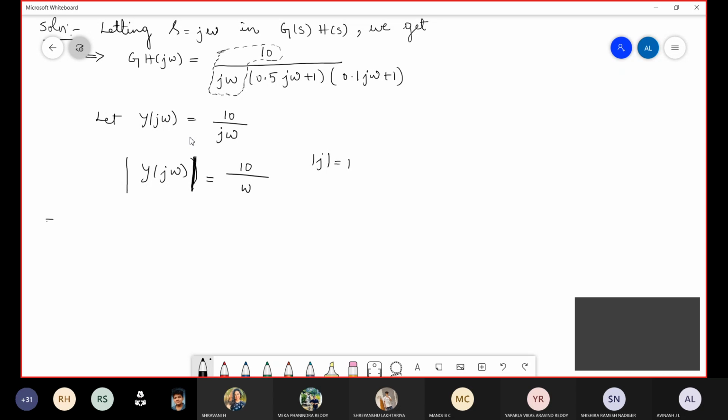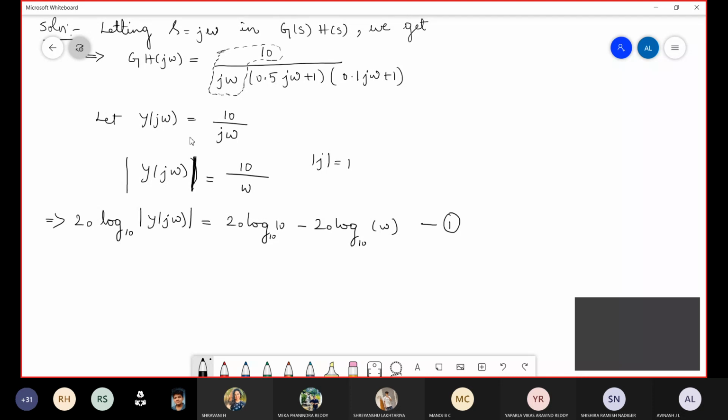That implies 20 log to the base 10 of Y(jω) will be equal to 20 log 10 of 10 minus 20 log 10 of omega. Call this equation number 1.